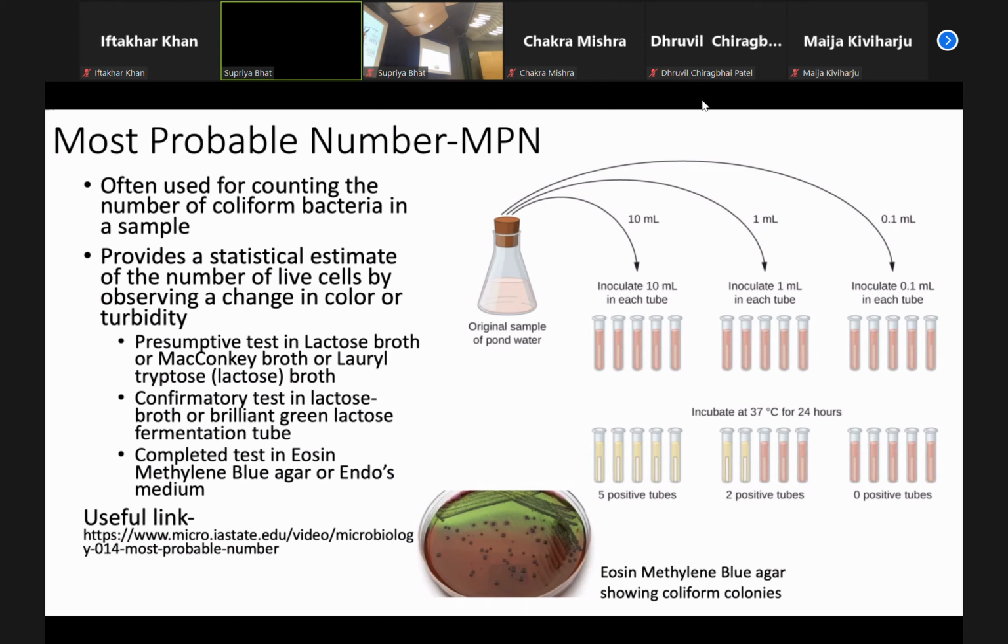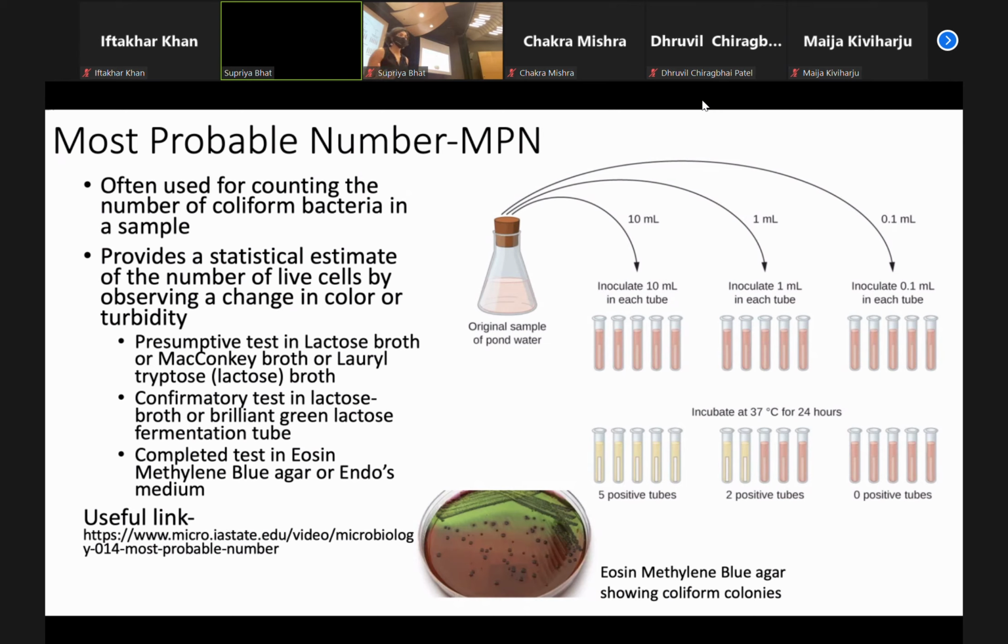Just like the title somewhat suggests, the most probable number is a statistical model that gives you a rough estimate of how many viable cells are present in a sample. This technique is mostly used for samples like a water sample or a sewage sample. In microbiology, we should be able to produce that estimate.